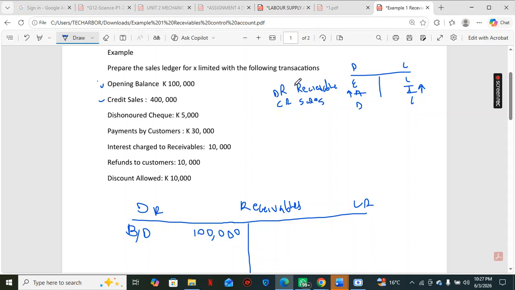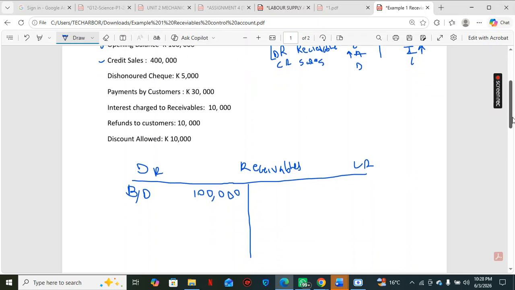Okay. So now this debit entry is going to go on our control account here. Credit sales of 400,000. This debit entry will come on our control account. So we're going to say credit sales here, 400,000.